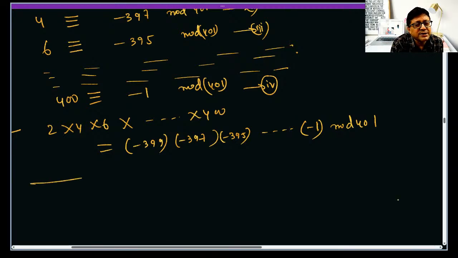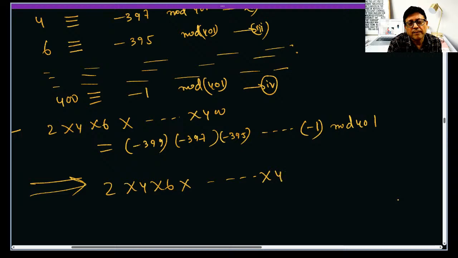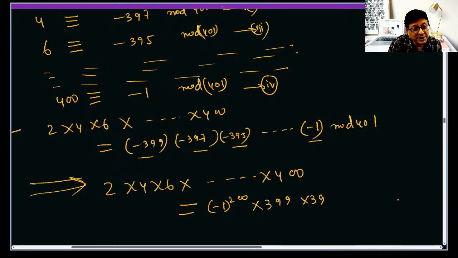So this implies that 2·4·6 ... so this minus 1, minus 1, minus 1, minus 1, they're all common. 399 coming in opposite order, we can change the order here, mod 401. Agree or not?